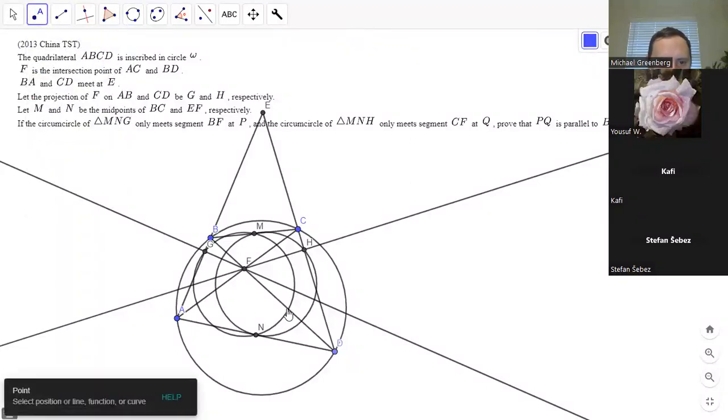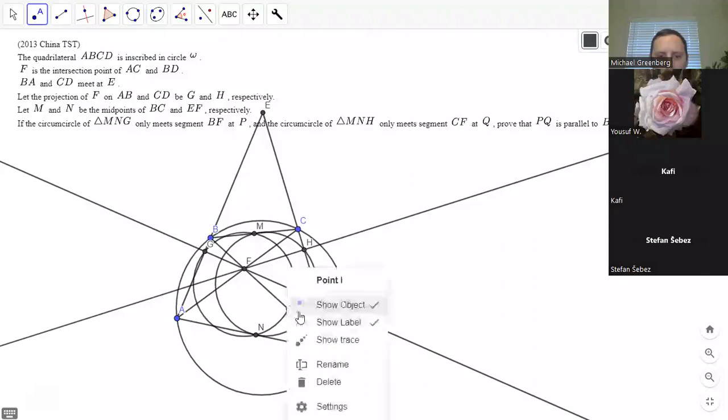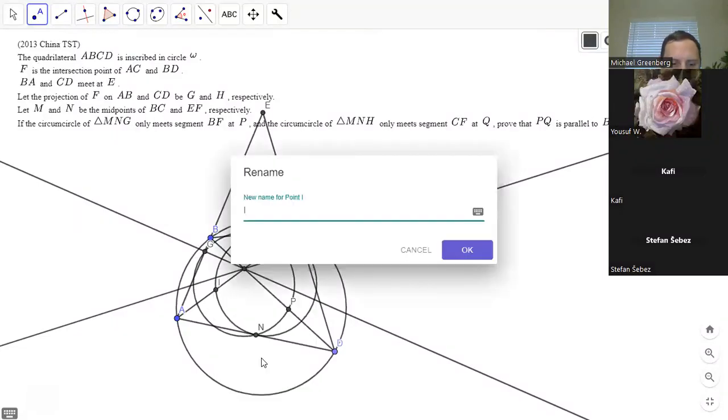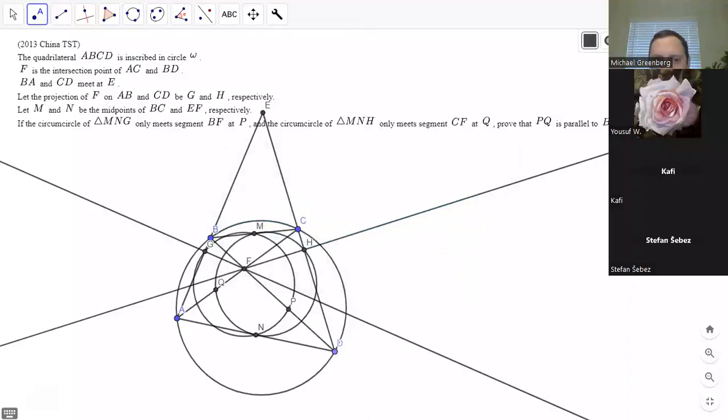So this would be P, and this would be Q. We want to show PQ is parallel to BC.